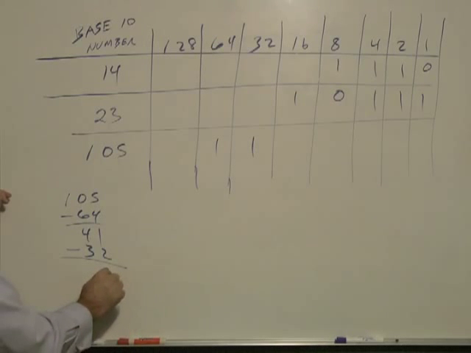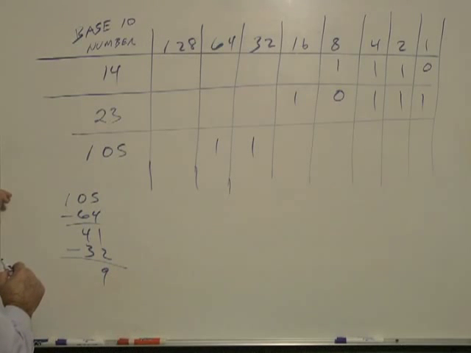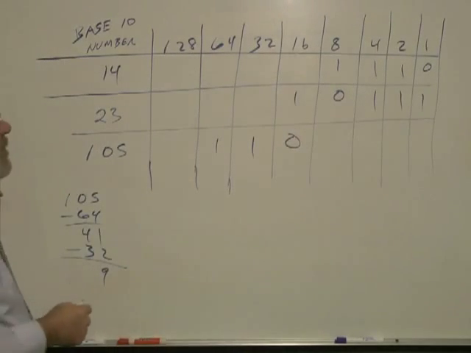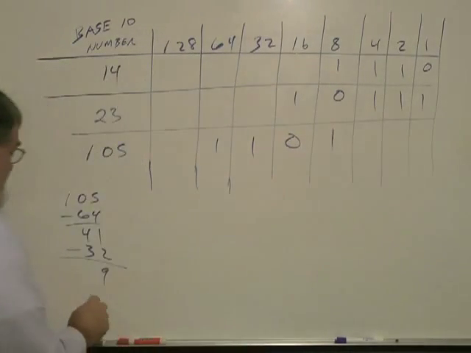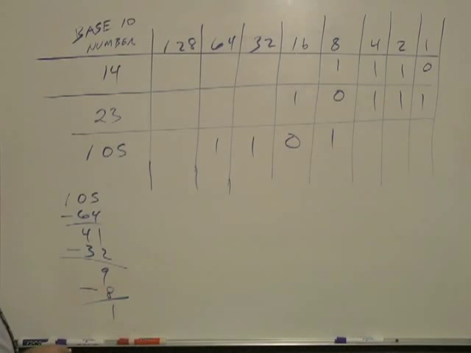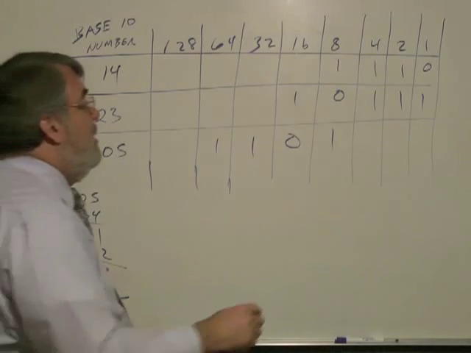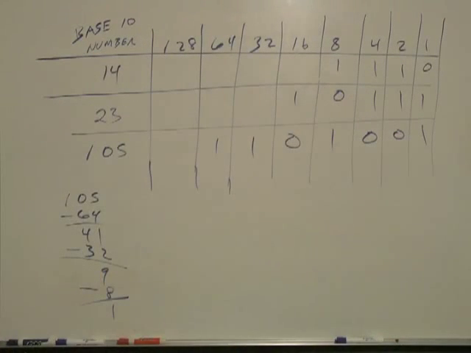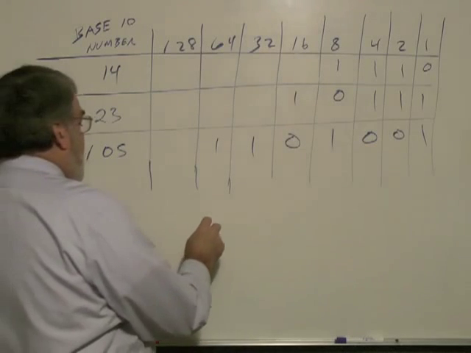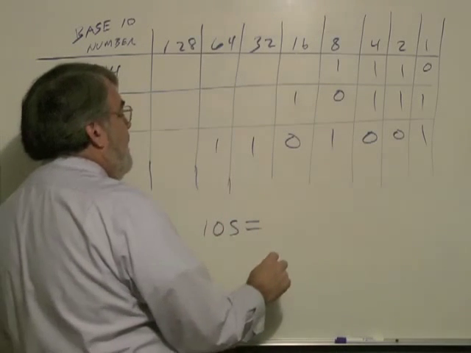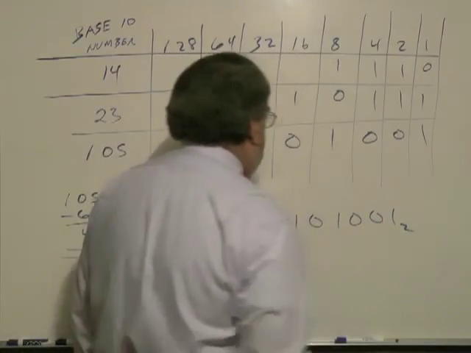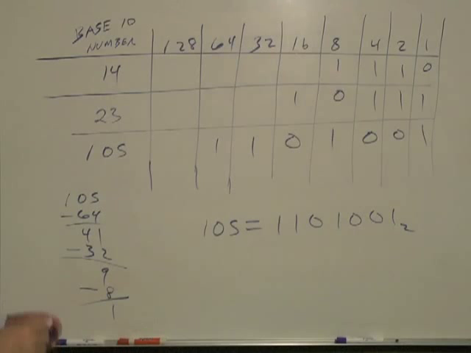And it gives me, what, a 9? And then from 9 I cannot subtract 16. But we can subtract 8. And the remainder is 1, so I'm just going to fill in 2 zeros and then a 1, because the only thing left I can subtract is 1. So 105 translates to 1101001 base 2. There we go.